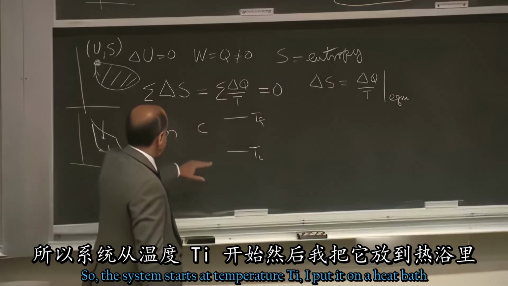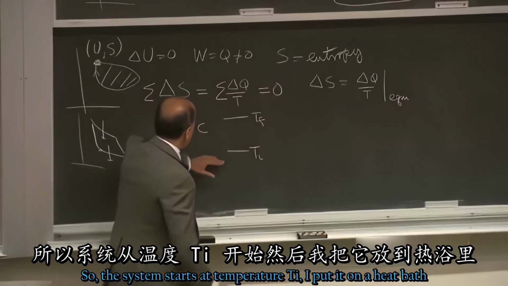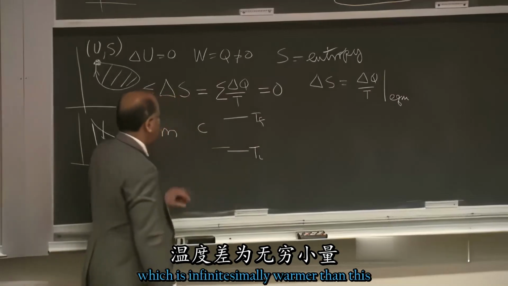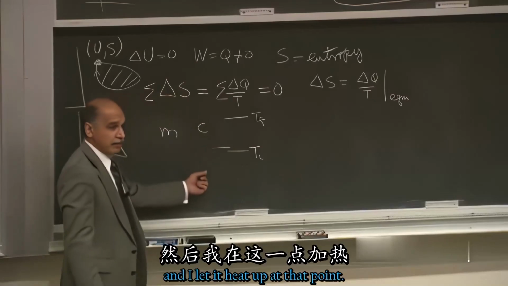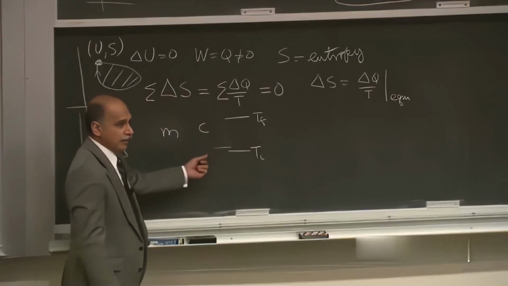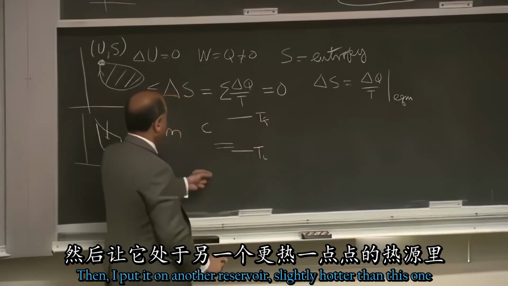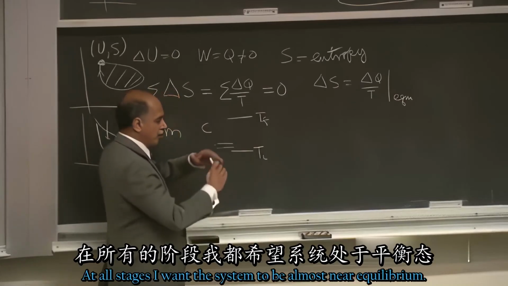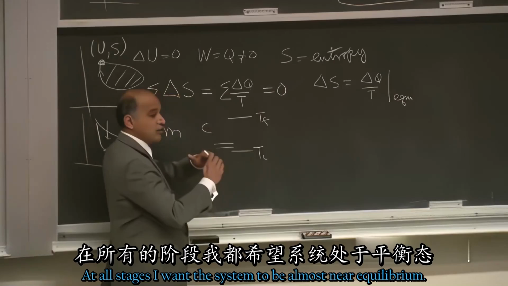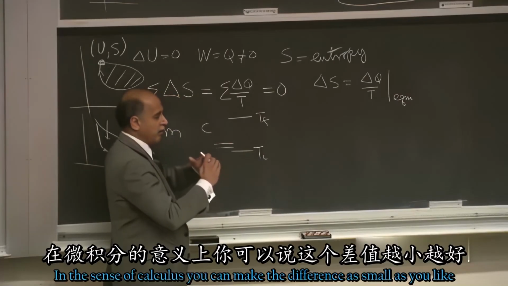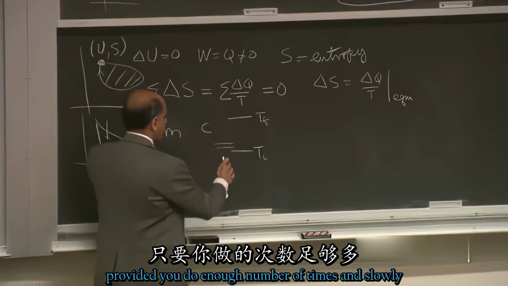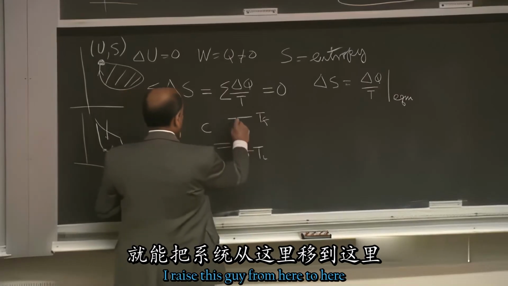So the system starts at temperature T initial. I put it on a heat bath, which is infinitesimally warmer than this. Then I let it heat up to that point. Then I put it on another reservoir, slightly hotter than this one. At all stages, I want the system to be almost near equilibrium. In the sense of calculus, you can make the difference as small as you like, provided you do enough number of times. And slowly, I raise this from here to here.